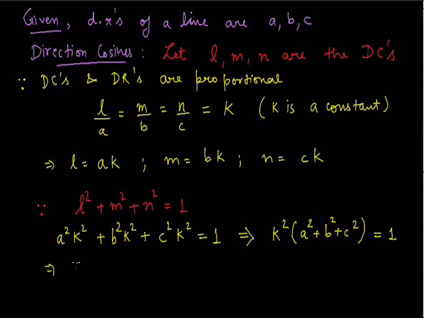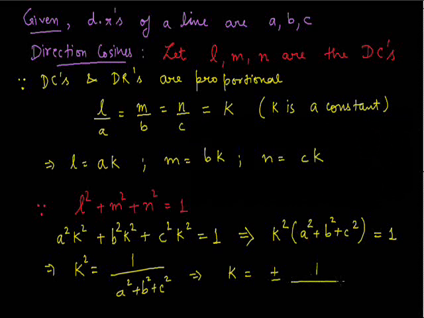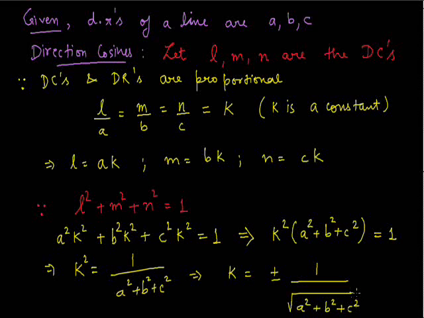So from here, K square equals 1 upon A square plus B square plus C square, and K equals plus minus 1 upon under root A square plus B square plus C square.